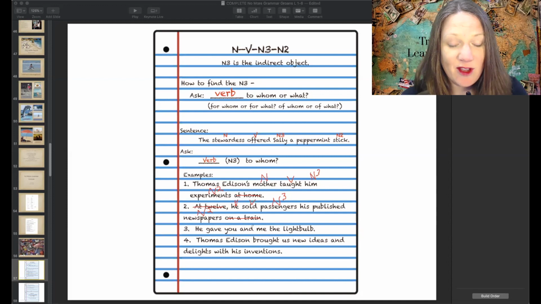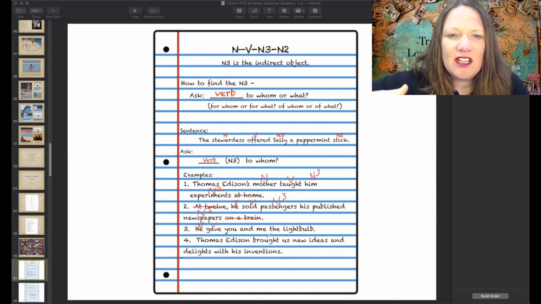Number 3, he gave you and me the light bulb. Let's start with, there's no prepositional phrases. Gave is the verb. He is the noun. He gave what? If you said you and me, did he actually give you to someone?